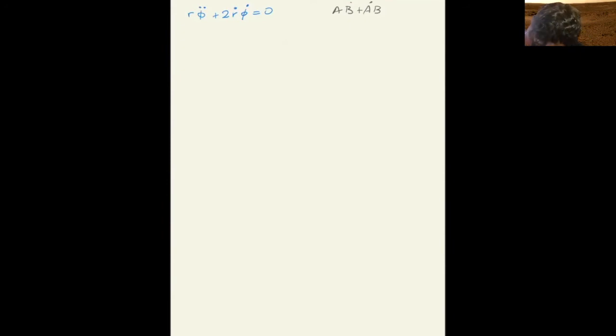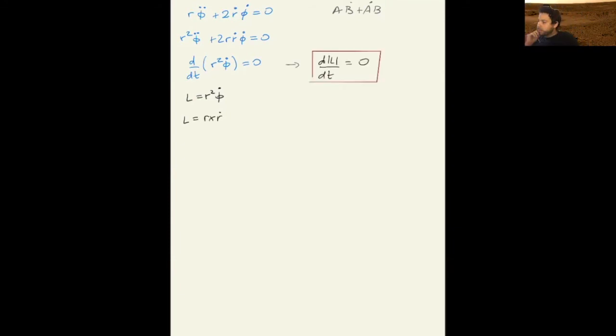Indeed, if you multiply this by r, this is the product rule of r squared times phi dot. So this quantity, let's call it big L, is the modulus of the angular momentum. So this equation implies that the magnitude of the angular momentum vector is conserved.